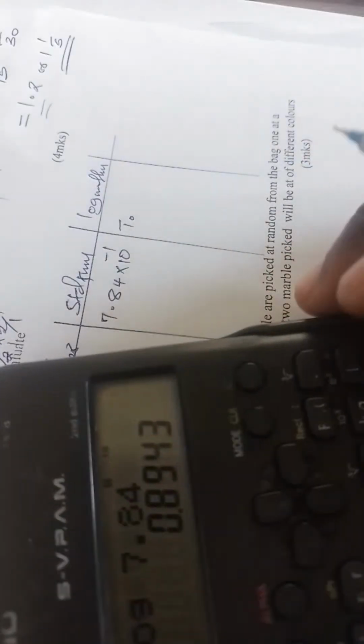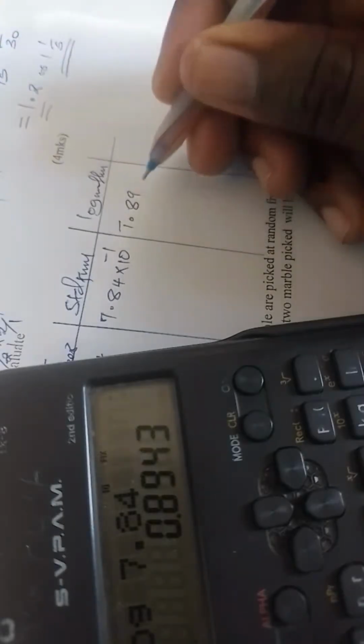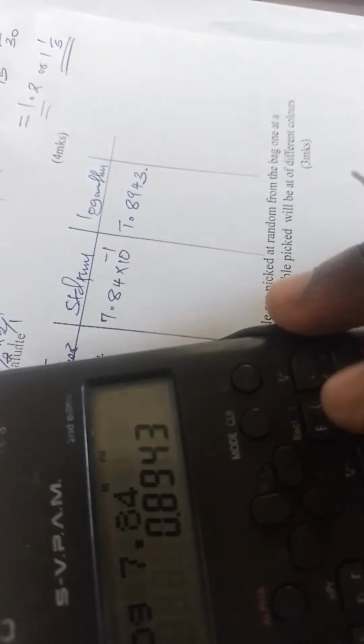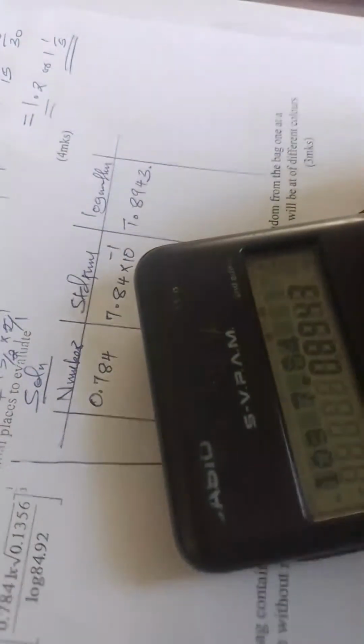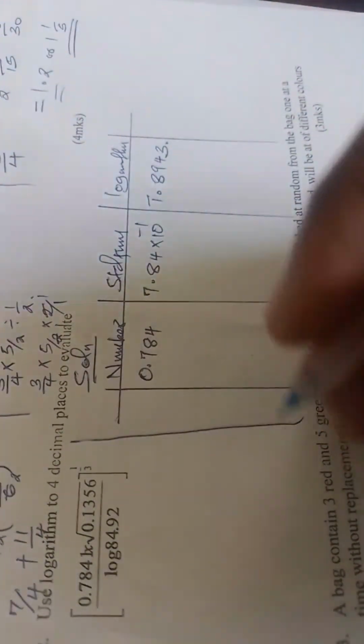That is the same as 0.8943. Then bar 1 plus 0.8943 is the same as bar 1.8943.